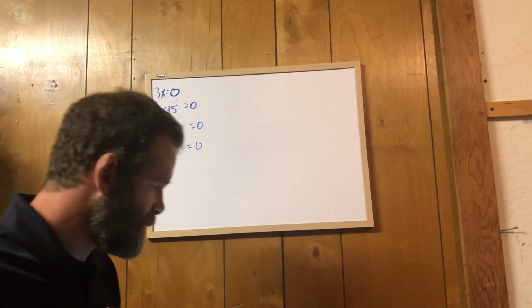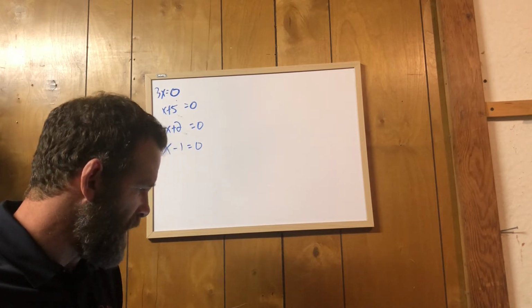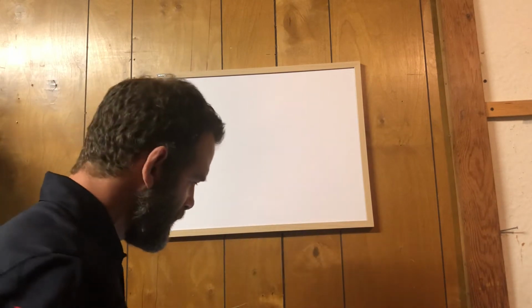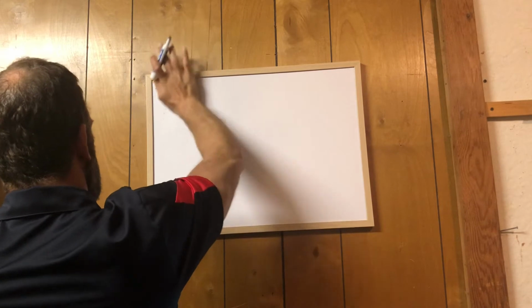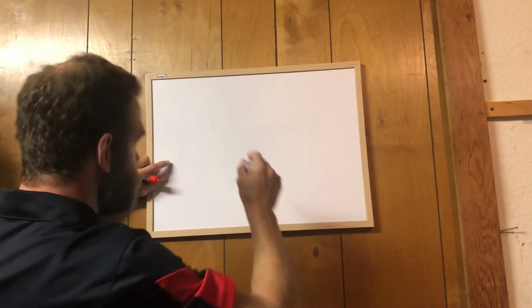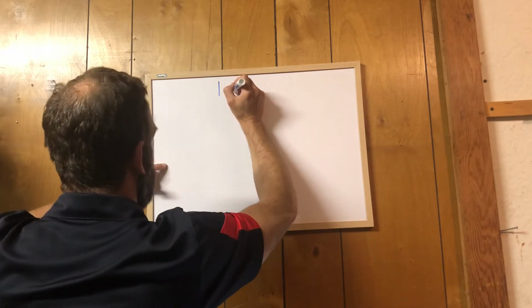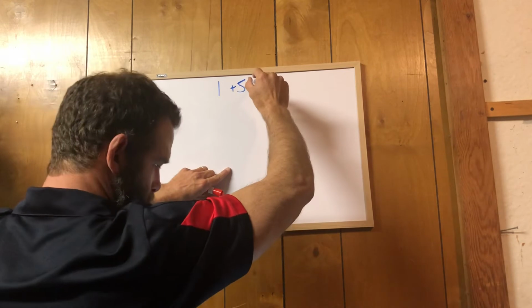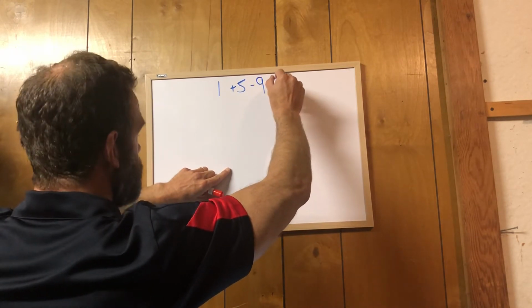Okay, number 2. If you know one of the factors of the function and you're using synthetic division, what I'm going to do is write this out. I have 1x to the third, positive 5x squared, minus 9x minus 45.